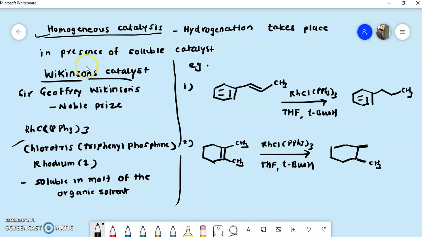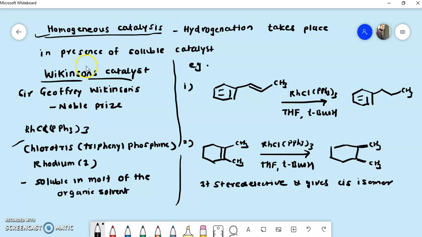So from the stereochemistry of product, what idea you will get here is that this hydrogenation is also stereoselective and gives cis isomer. So remember, as in heterogeneous catalysis, this addition of hydrogen here is also a cis addition.